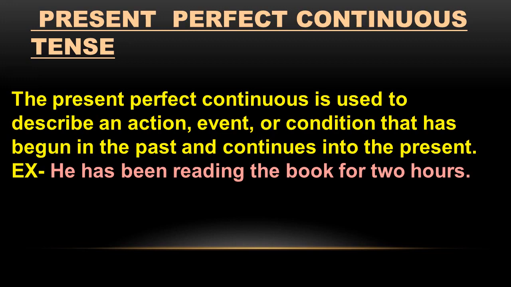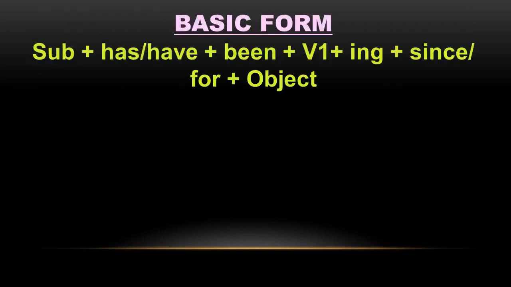That means this tense is used to represent any action or event or condition which began in the past but continues in the present. Its basic form is subject plus has/have plus been plus first form of the verb, that is the main form or the base form, plus ing plus use of since and for plus object.